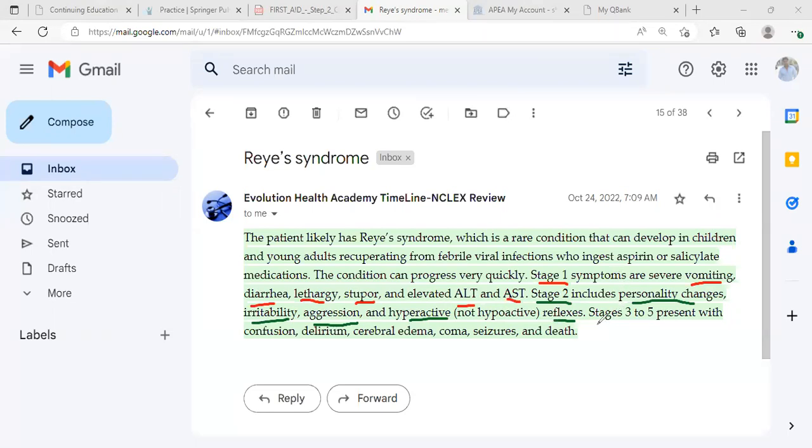If the patient is in stage 3 to 5, they present with confusion, delirium, cerebral edema, coma, seizure, and death. So from this note, we learn that Reye syndrome has different stages. What are the presentations? Stage 1, stage 2, and stage 3 to 5, right?